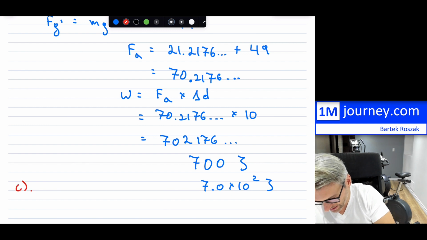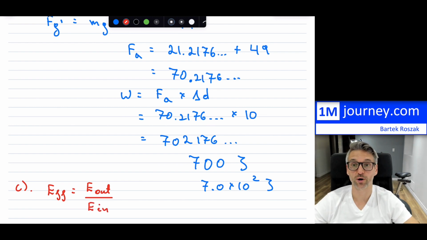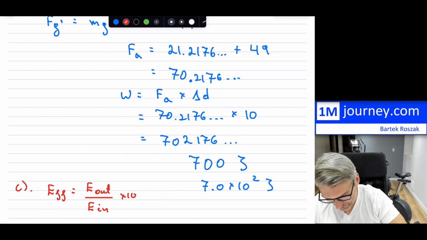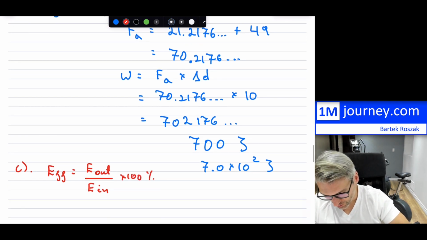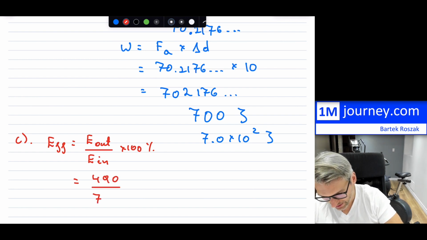Efficiency is equal to the energy which was desired, the energy out, divided by the energy that you had to input, which is the amount of work we had to do, times 100%. So in this case, this is 490 divided by approximately 702 joules, times 100.